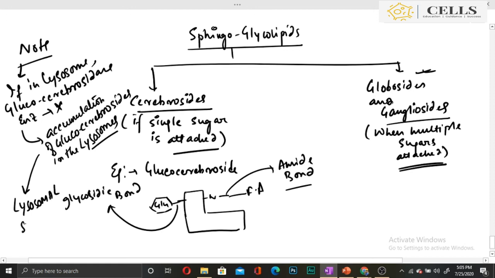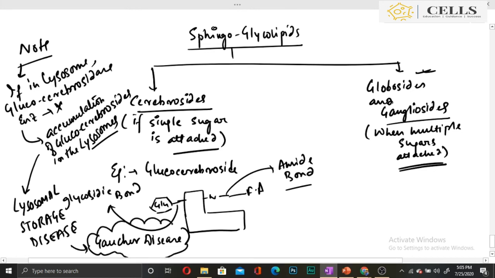The name of the disease is also very important. It is called Gaucher disease. Many questions come from this. Gaucher disease is a kind of lysosomal storage disease when the glucocerebrosidase enzyme is not present in the lysosome.